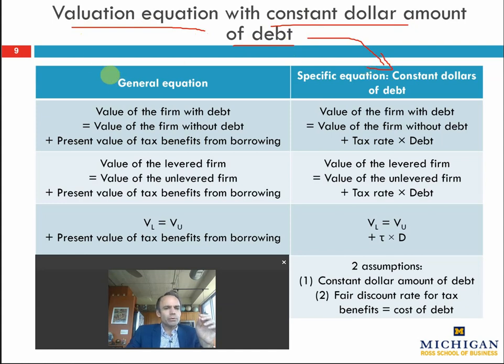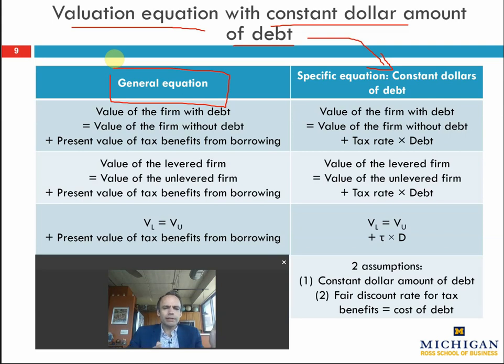Our general equation applies regardless of how you think the firm is financed, whether it's financed by borrowing $20 billion once and just having interest every year forever, or whether there's a series of bonds issued that have different maturity dates, or whether the firm restructures its debt to be 20% leverage every single year, so the leverage changes in dollar terms depending upon how the value of the firm changes.